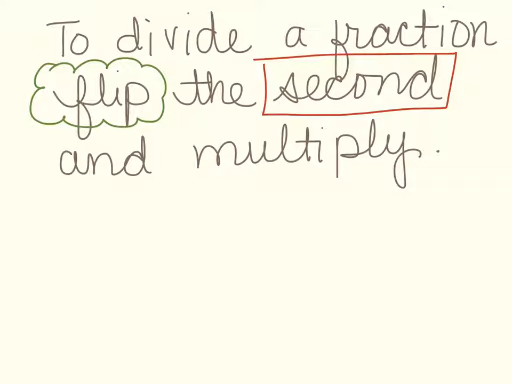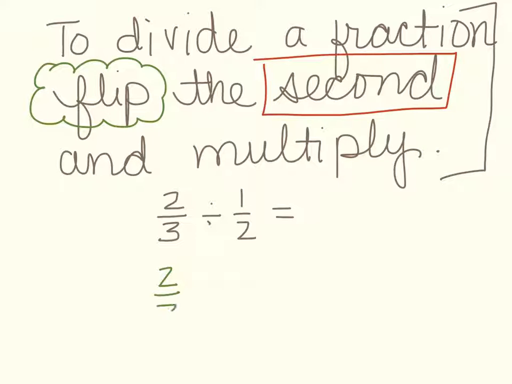So if I have 2/3 divided by 1/2 equals. If you see that in your book, when you write it down, already do this part up here. So we know we're going to divide a fraction. So when I go to write it, I would say 2/3 times, because it says multiply, and I have to flip the second one to 2/1.